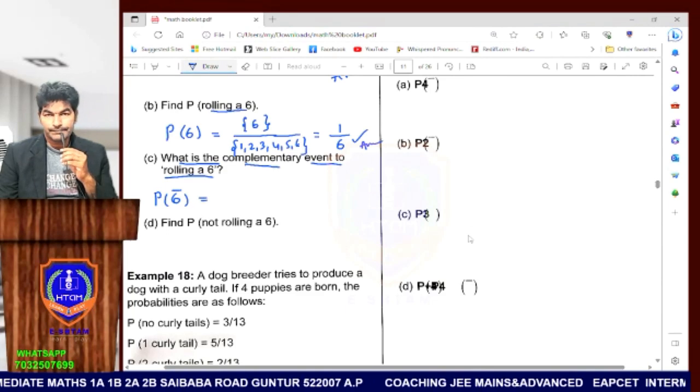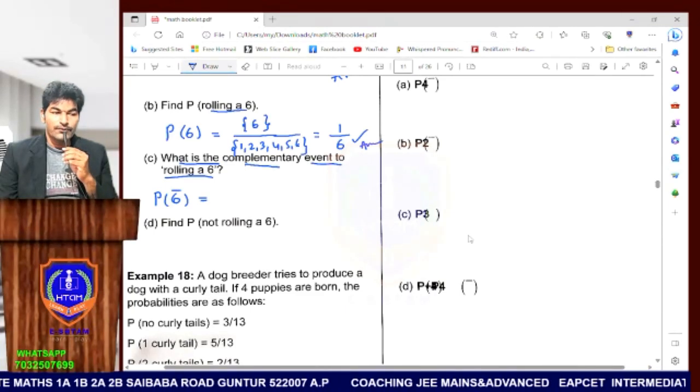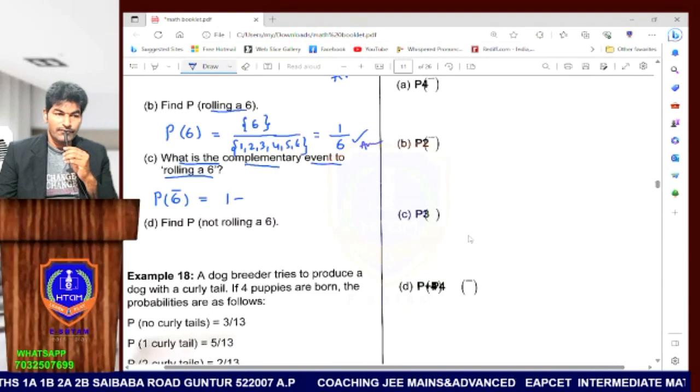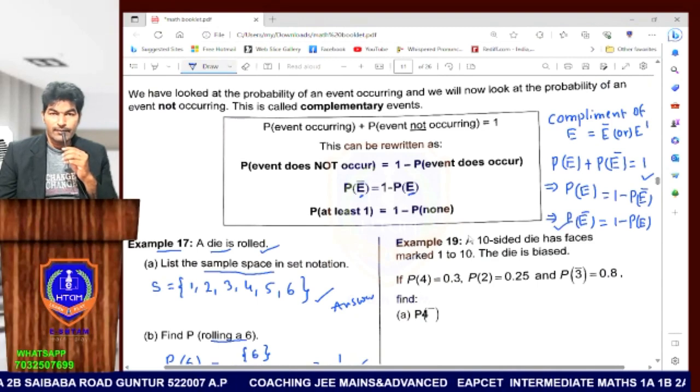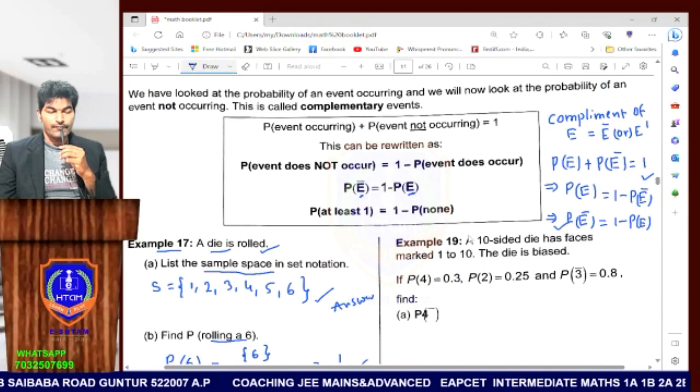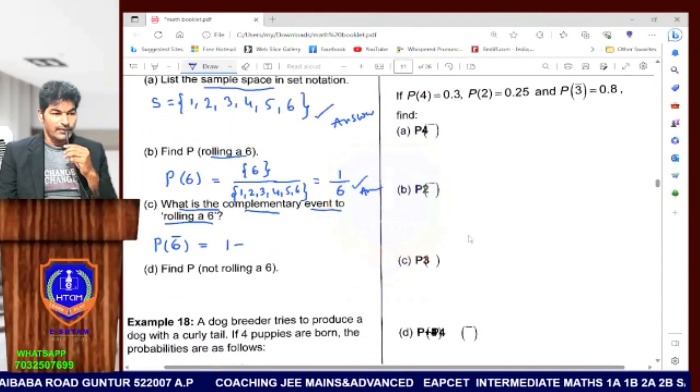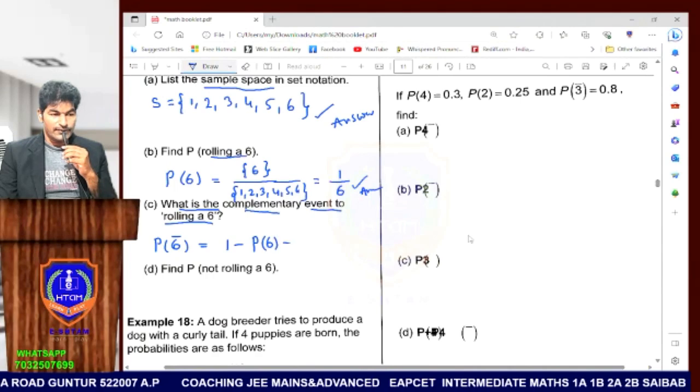According to the relation we studied earlier, if you want P of E bar, you use 1 minus P of E. So you can write 1 minus P of 6.